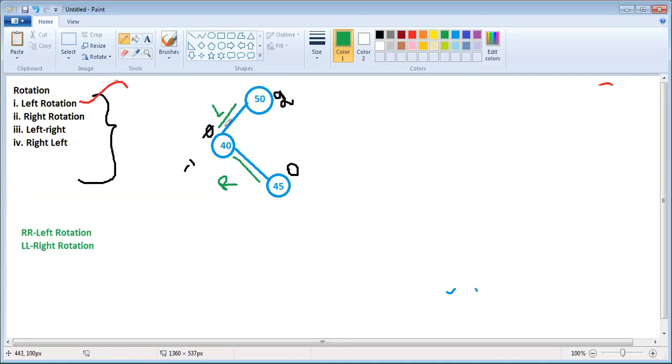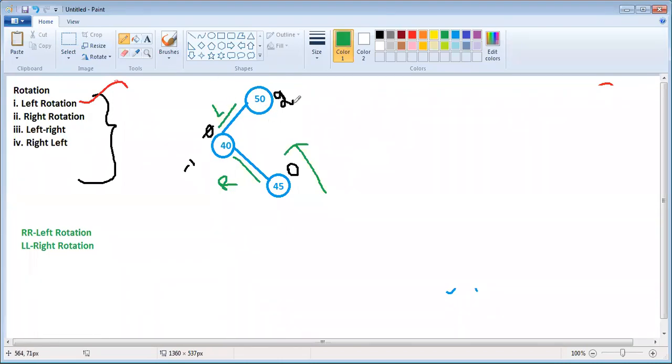Here the direction is left, here the direction is right. So from the bottom we have to do the rotation. What is that pattern? Left-right. Here we have to do left rotation. After that, here we have to do right rotation. Understood? See, this is the pattern.